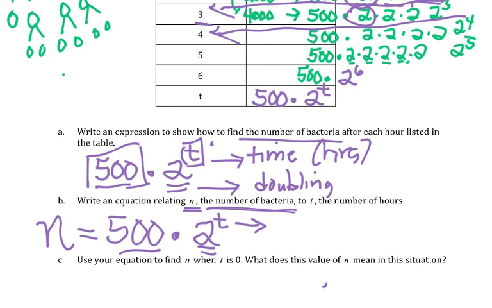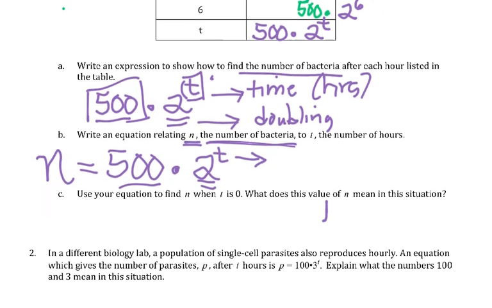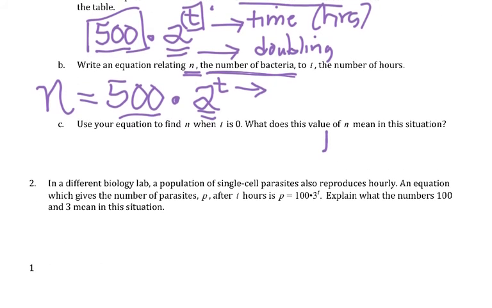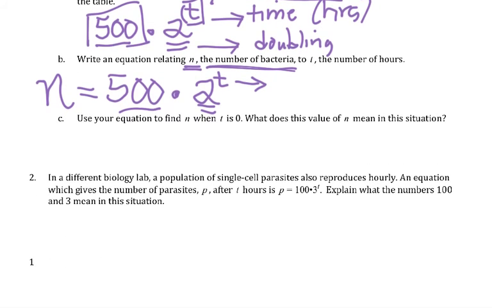So now we are going to use our equation and evaluate, or find, when t is equal to 0. What that means is we're going to find n is equal to 500 times 2 to the power of 0.